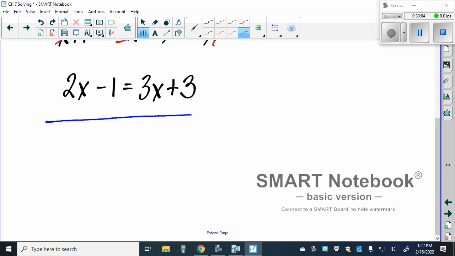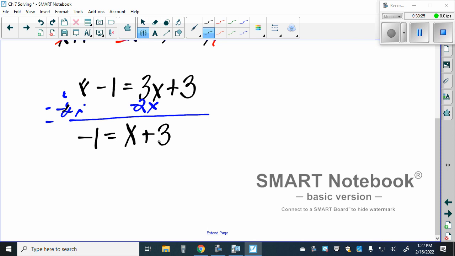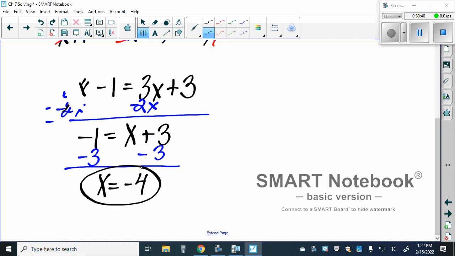Well, now we just need to solve for the value of x by subtracting 2x from both sides. These cancel. Which tells us that -1 is equal to x plus 3. And then what can we do? Subtract 3 from both sides. Which tells us x is equal to -4. And that's it. That's all we have to do for these here.